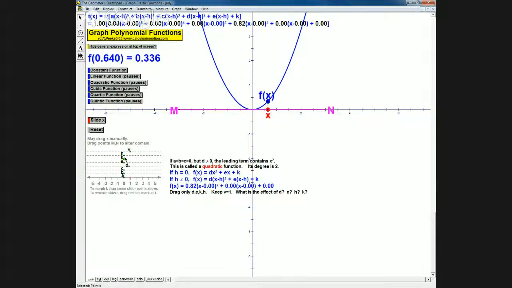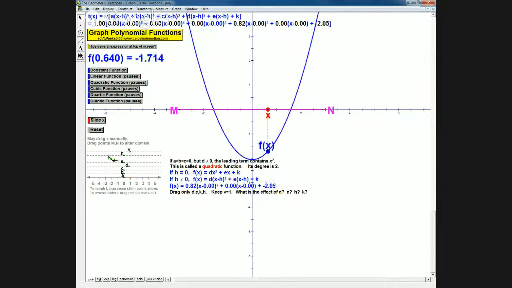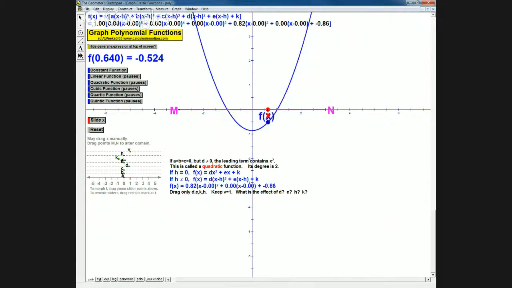What happens when I do x squared plus 1? What's the y-intercept? It's 1, right. Okay. I can also move it down. So this is x squared minus 2-ish. It's actually minus 1 point something, but.